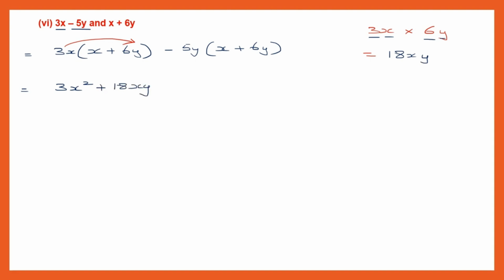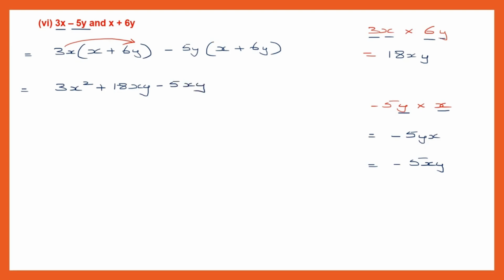So minus 5y into x. The sign will be minus. The number is 5. And here we have 1y and we have 1x. So this is minus 5yx or minus 5xy, just to put it in order. Minus 5xy. So here we finish with this.